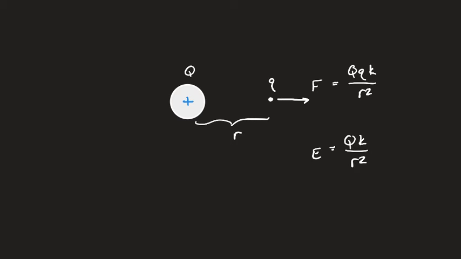So I would say that at this location in space, there exists an electric field of this size. And that electric field would be directed away from my central charge.